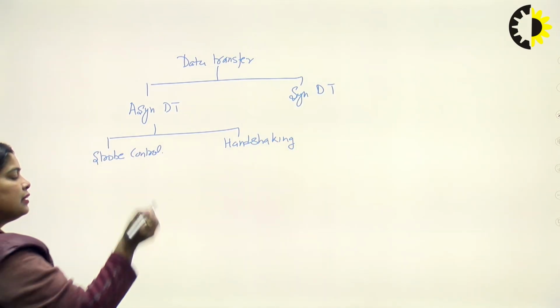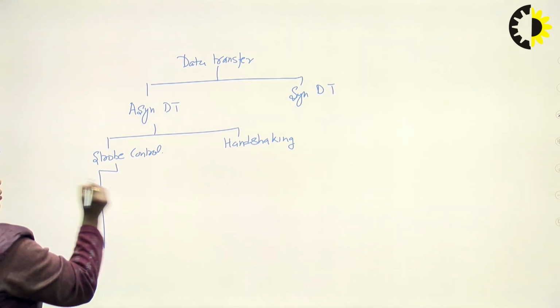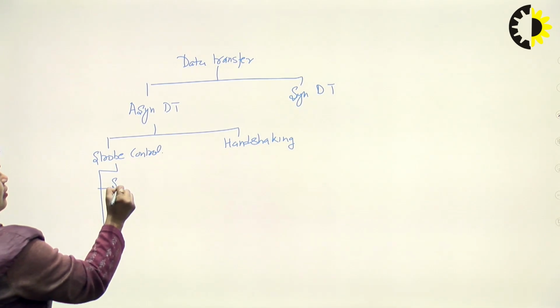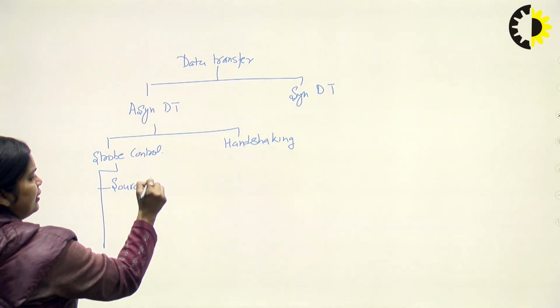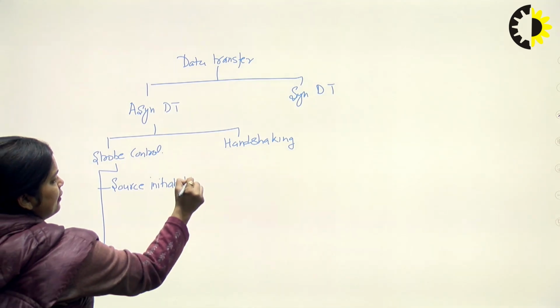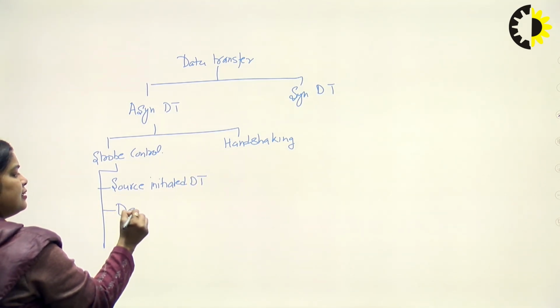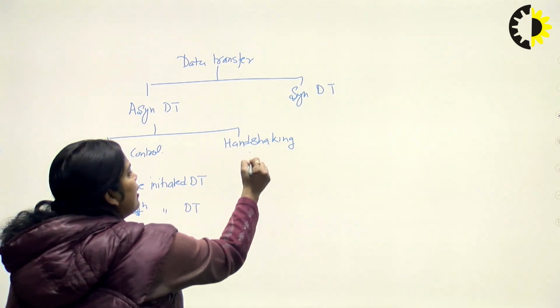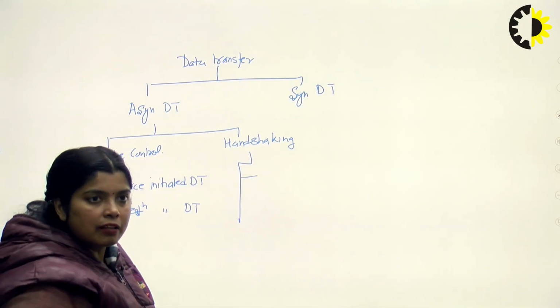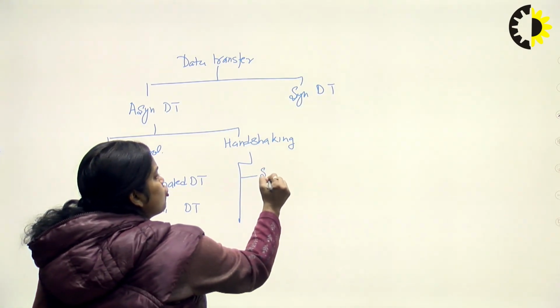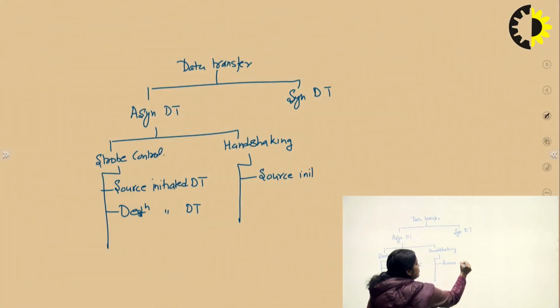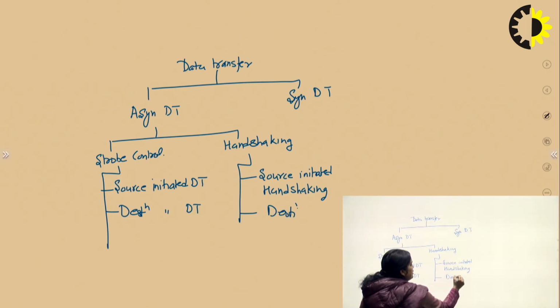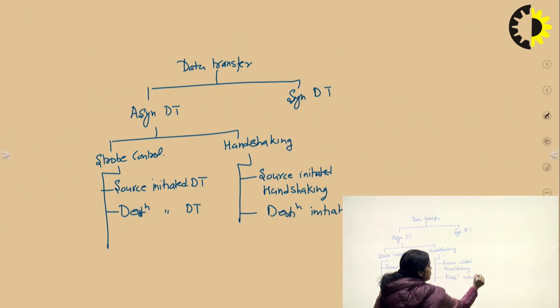The Strobe control is divided into source initiated data transfer and destination initiated data transfer. The handshaking method is again further subdivided into two types, source initiated handshaking method and destination initiated handshaking method.